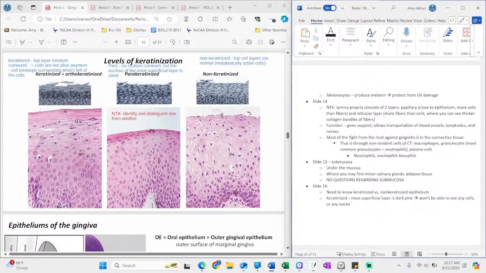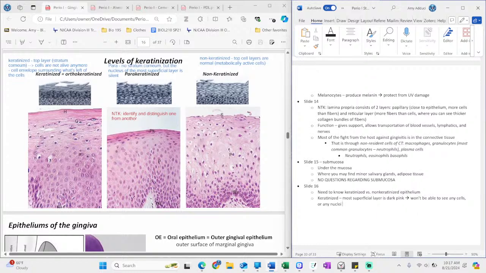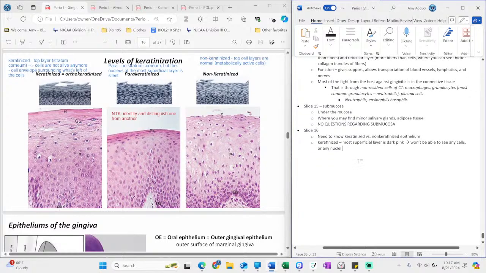So that's the clue or the key to be sure that that's keratinized epithelium: the absence of actual cells. You can't see cells, you can't see nuclei. You just see a dark pink layer on top of an area where you can see cells.